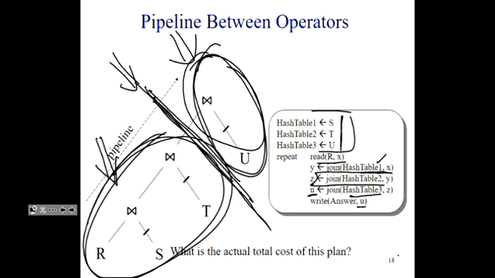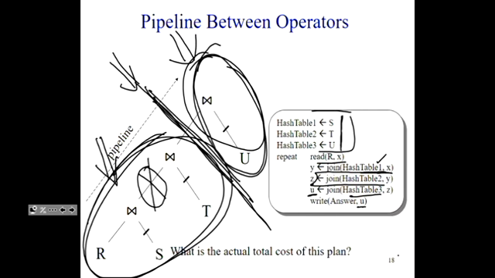You're close. So, like you said, the first part is absolutely right. So B of R plus B of S plus B of T plus B of U. And because I'm pipelining, I'm not writing out the intermediate results here. So he was right in saying that this doesn't feature into the costs.